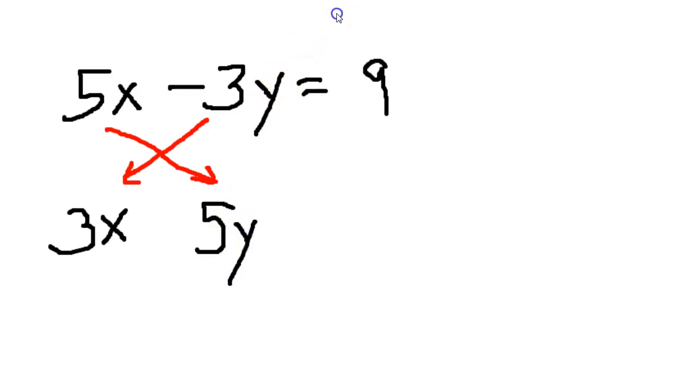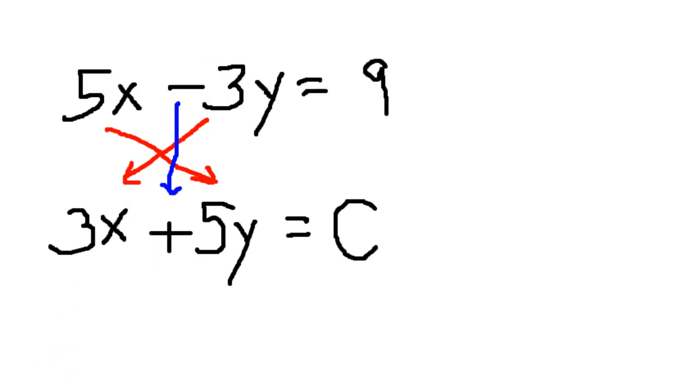And then what we also do is we change the sign. So the original sign was negative, so the new sign is going to be positive. And so for our whole set of perpendicular lines, we're going to have 3x plus 5y is equal to some number c. Again, we swapped the x and the y coefficients, and we changed the sign.